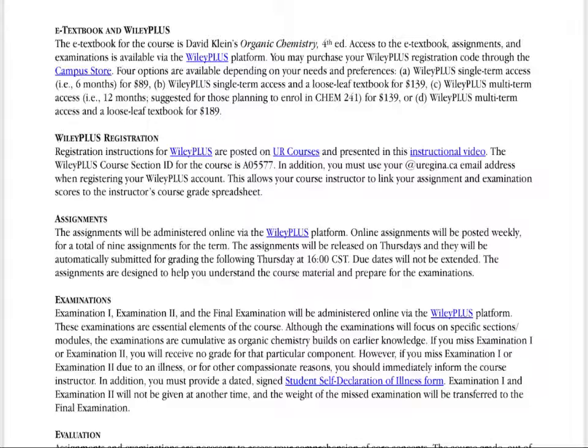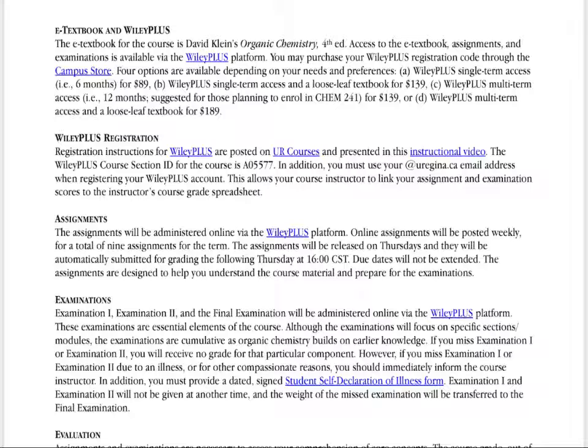I won't be allowing students to use any other email address for their Wiley Plus account. If you've mistakenly registered using an account other than your @uregina.ca account, then please contact Wiley Plus through their help chat, and they will exchange the email for the proper address.